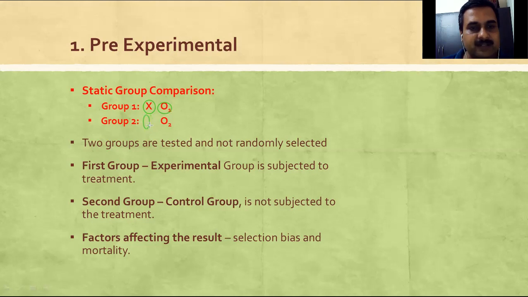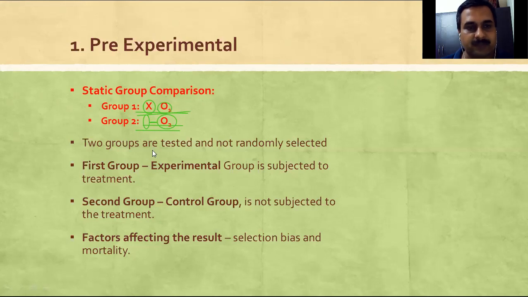Here you are not seeing any exposure, but our second observation is taken without giving any exposure. So if you want to check the impact of this X, that means exposure, and if we measure the performance of the second group, we'll come to know about the exposure's impact, and this is going to be considered as a static group comparison.